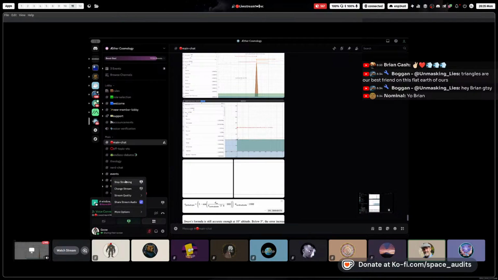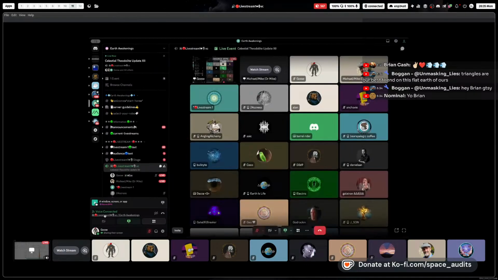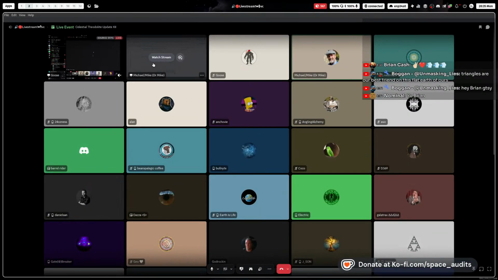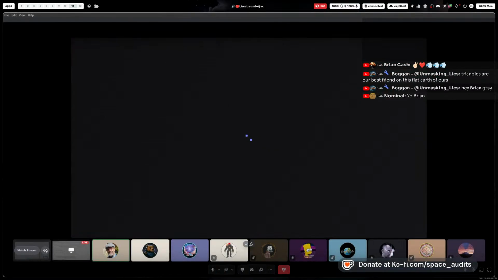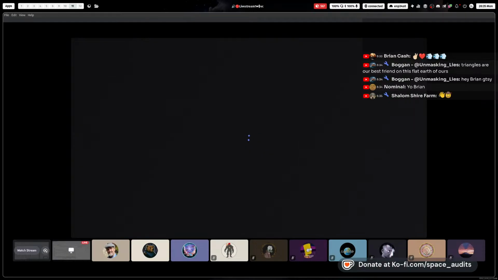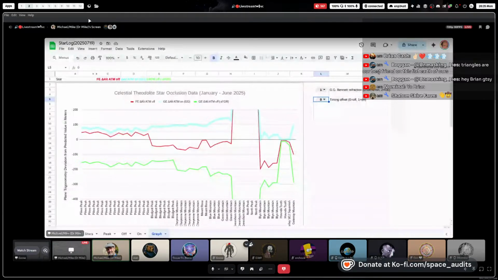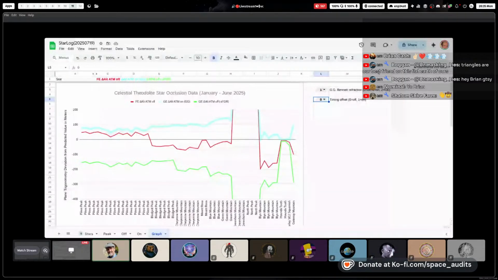All right, so I should have our graph shared now. When Goose was talking about the elevation of the star with refraction added, that's the cyan line on top. This is showing how much the refracted image is above where the globe Earth predicts the mountaintop would be, which is 0.